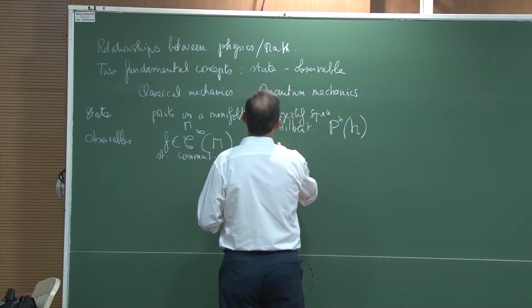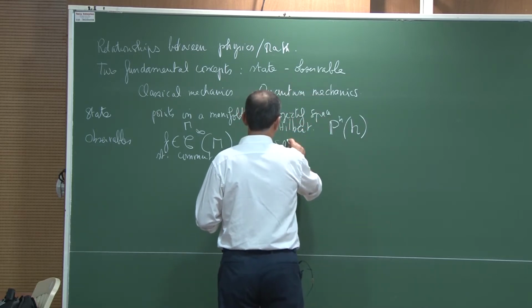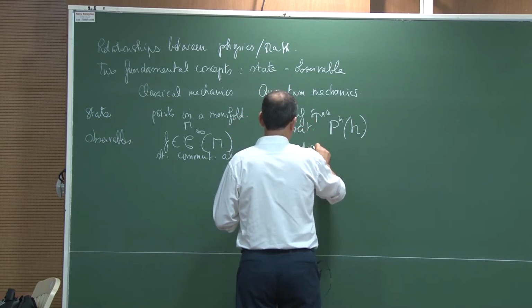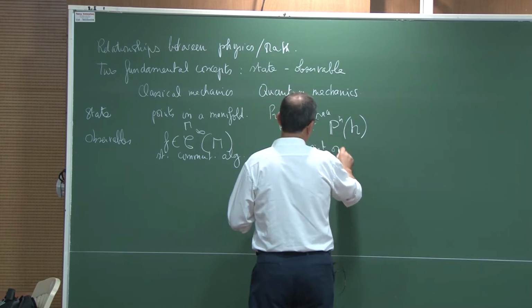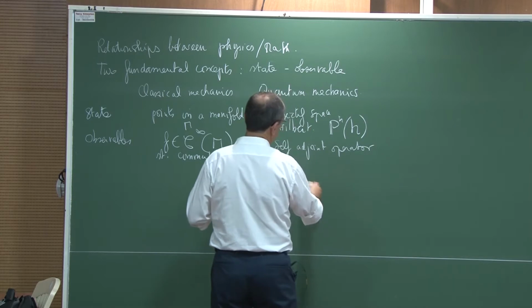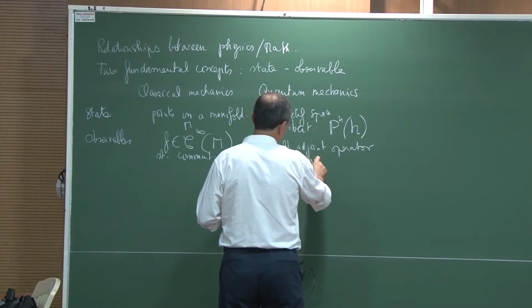And an observable for quantum mechanics is a self-adjoint operator. And we use mainly bounded operators.